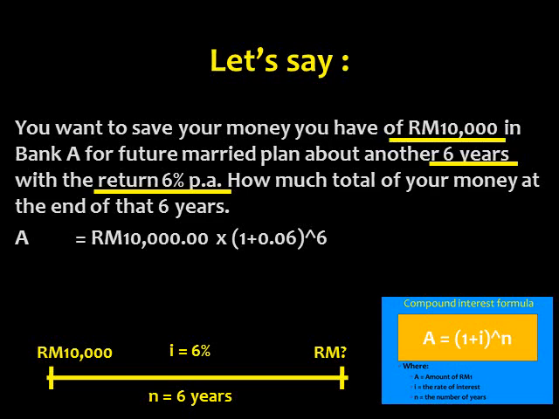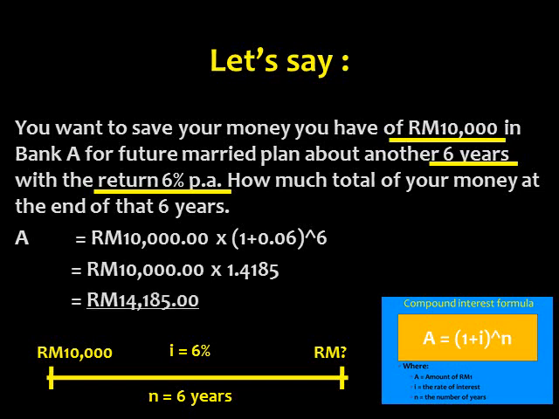And then times 10,000, the money that you save, that you keep. Just settle the 1 plus 0.06 first, then power of 6, and then you times it with 10,000.